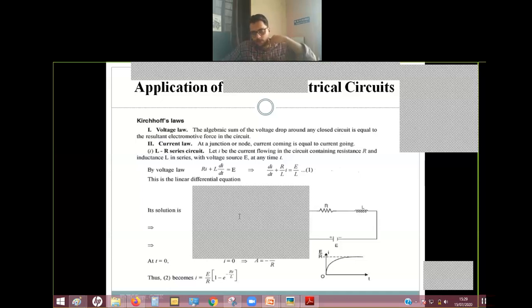And then what is the value of Q? Yes, P value is correct. Now what is the value of Q then? After the equal to sign Q is there, no? So what is there after equal to? E by L. Yes, correct. Now you are getting the method of finding the solution.